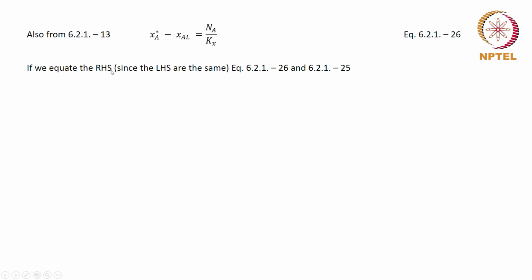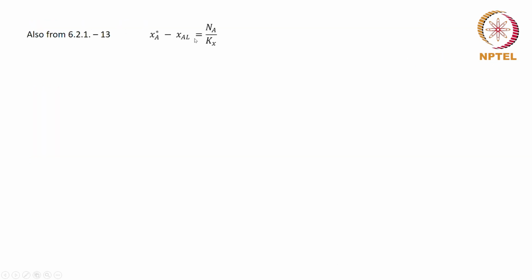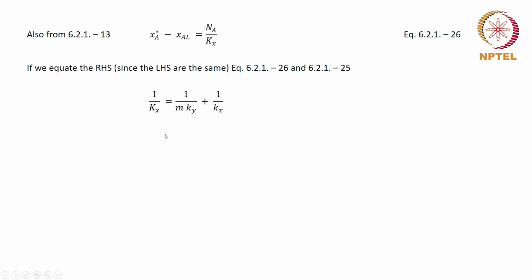And if we equate the right hand sides, since the left hand sides are the same, XA star minus XAL, XA star minus XAL, we are going to cancel out NAs, of course. We're going to get 1 by capital KX equals 1 by M times KY plus 1 by KX.